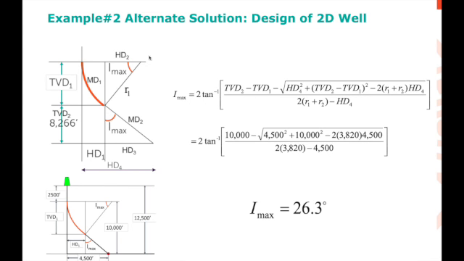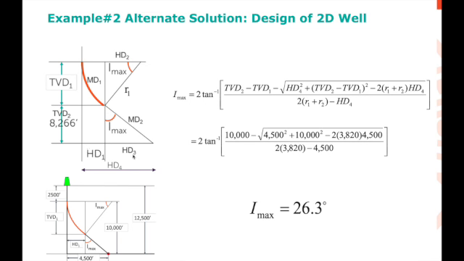We have here horizontal departure 1, which is the horizontal departure of your end of build. Horizontal departure 2 would be the difference between your R1 and the horizontal departure 1, or the difference between your radius of curvature and the horizontal departure of your end of build.